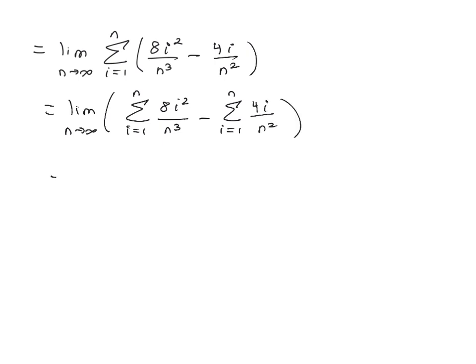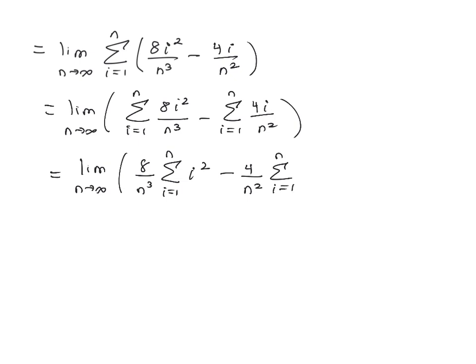We can factor out anything that is independent of i, meaning a constant. So this is 8 over n cubed times the sum of i going from 1 to n of i squared, minus 4 over n squared times the sum of i going from 1 to n of just i.